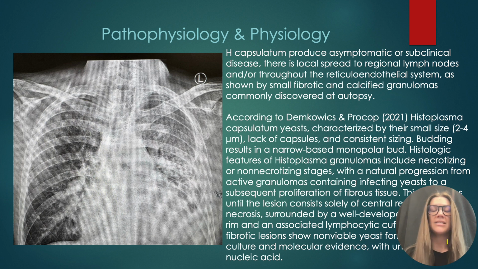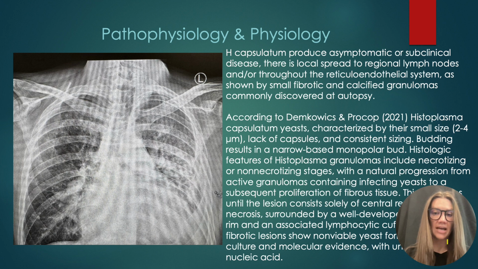So basically, it takes over the entire lung, causing necrosis in those tissues by the yeast. This continues until the lesions consist solely of central residual caseous necrosis surrounded by a well-developed fibrous tissue rim and then associated lymphocytic cuff. Advanced fibrotic lesions show non-viable yeast based on culture and molecular evidence.